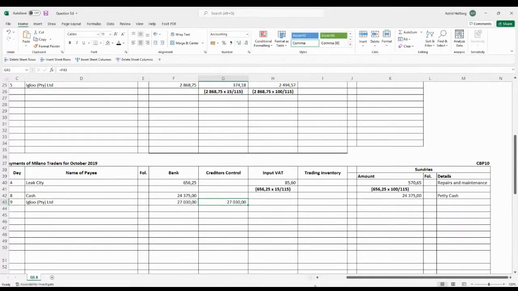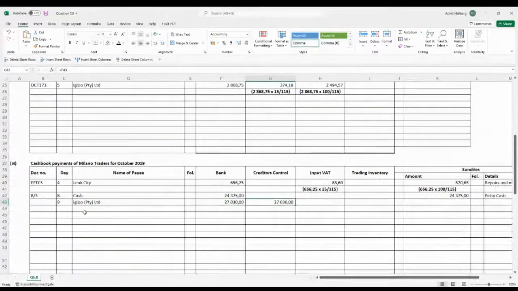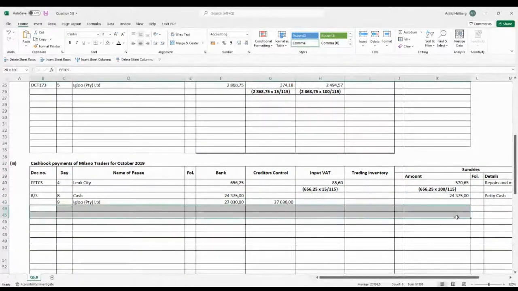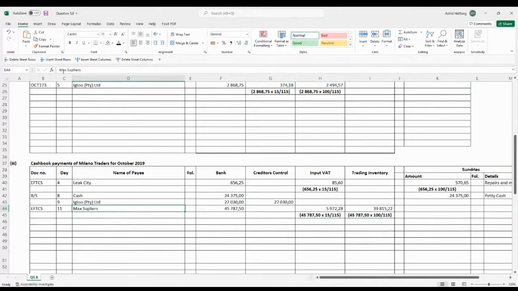So on our cash book payments, on the 11th, we've got Maxi Suppliers for 45,787 Rand and 50 cents. Okay, and then we claim the input VAT, which is multiplied with 15 over 115, and then the remaining 100% is taken to trading inventory.